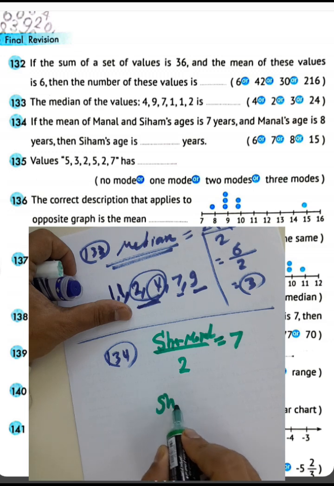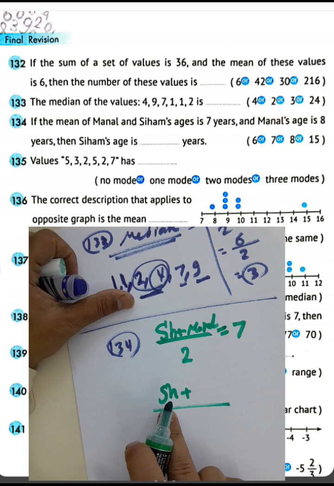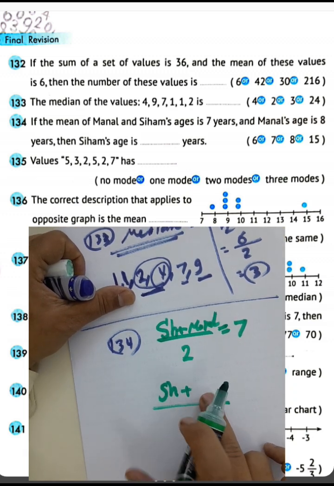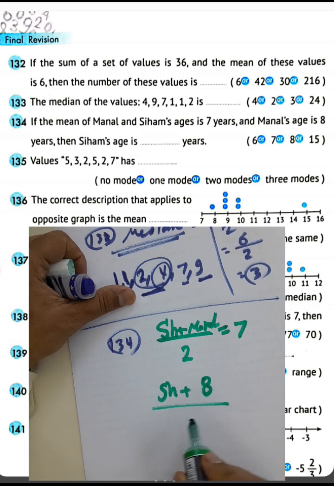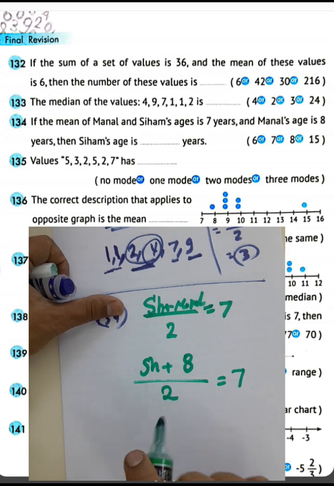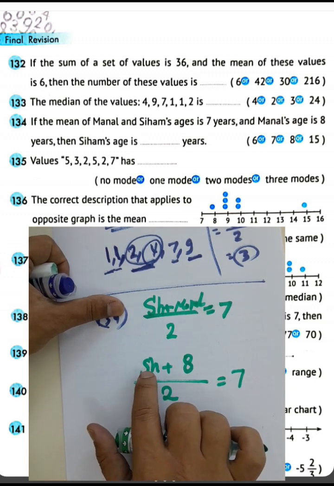Then Shaima's age plus the age of Manal, 8, over 2 equals 7. And then we can find Shaima's age.